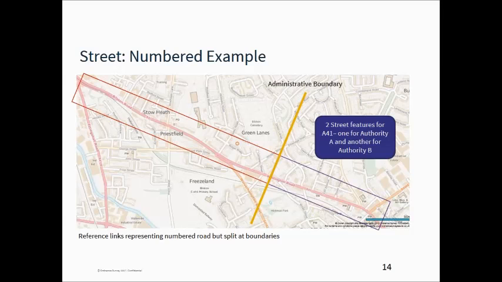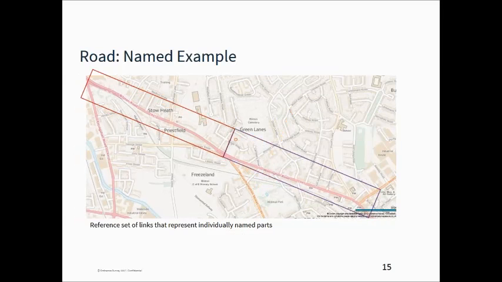Another example which might help illustrate the role and the difference between road and street. With road, again, you have two features in this example, and they reference individually named parts, one on the left side for Bliston Road, and on the right side Wellington Road.